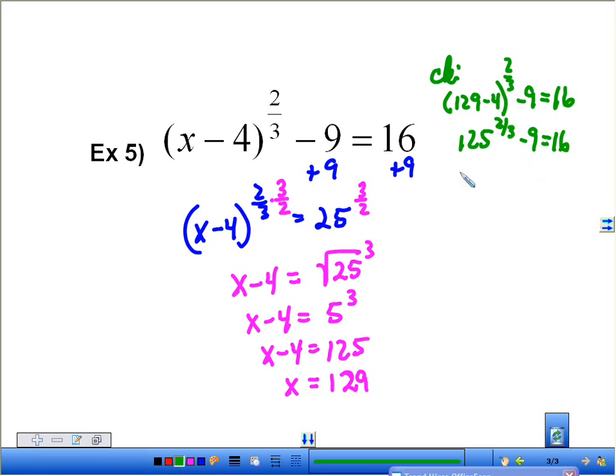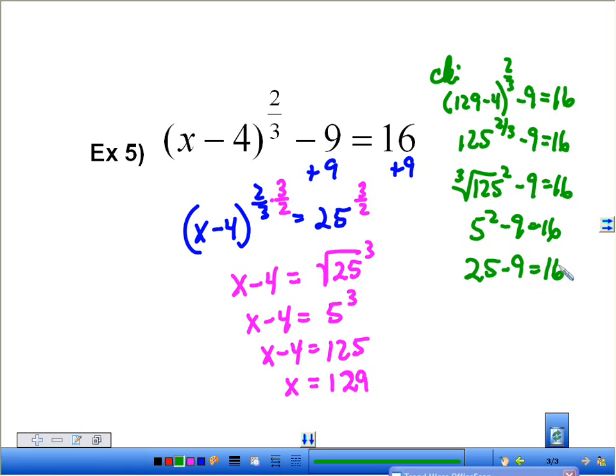Change this to a radical, the cube root of 125 squared. The cube root of 125 is 5, squared is 25. 25 minus 9 is 16, and that is right, so this is my answer.